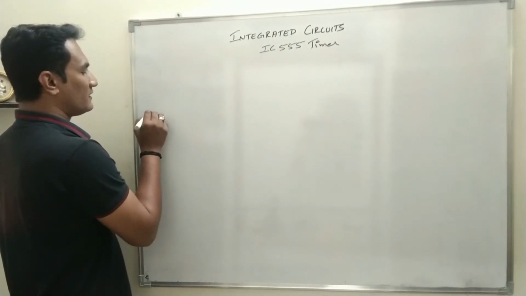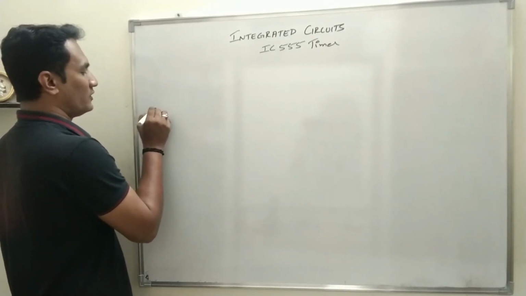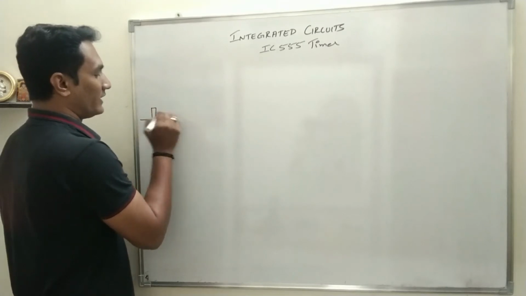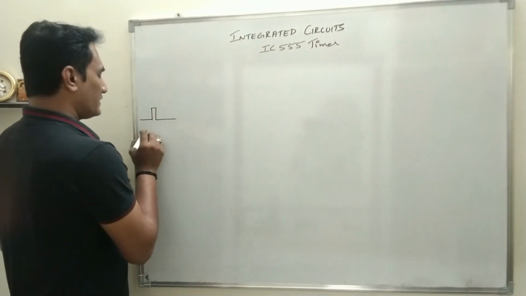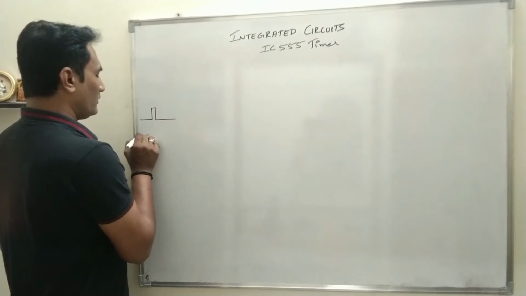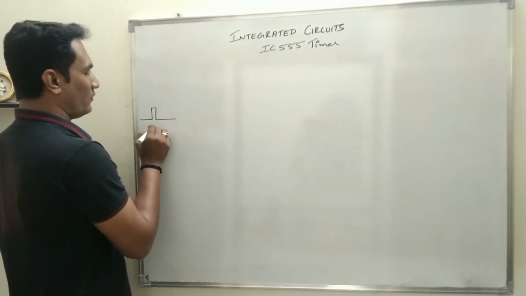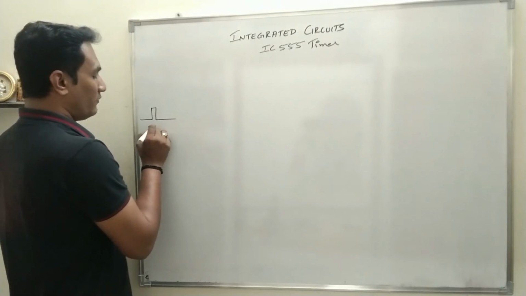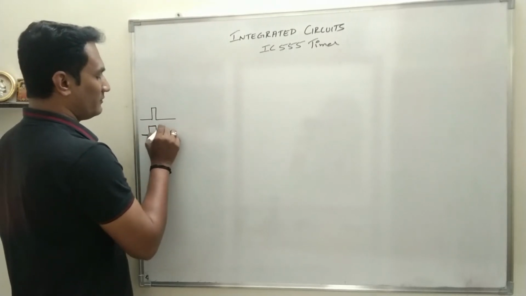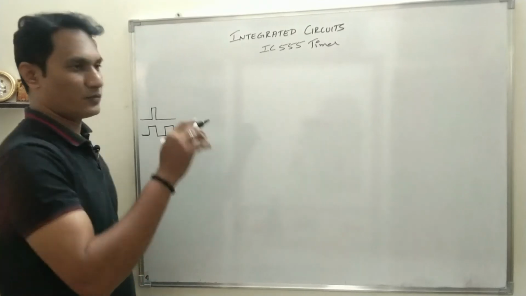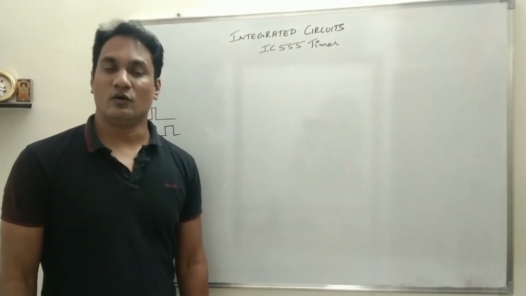When you give external triggering, the output will become 1 for a small duration of time, and then it will again become 0. And astable has no stable state. You don't have to give a trigger; the output will be 0 for a certain time, then it will become 1 automatically, remain 1 for a small duration of time, and then again become 0. So the output keeps on changing between 0 and 1.